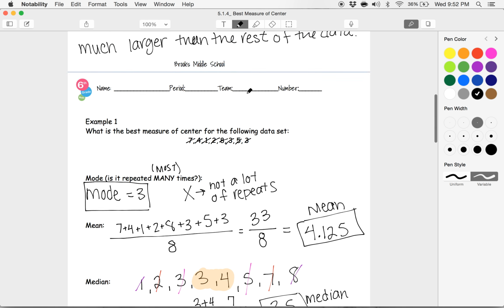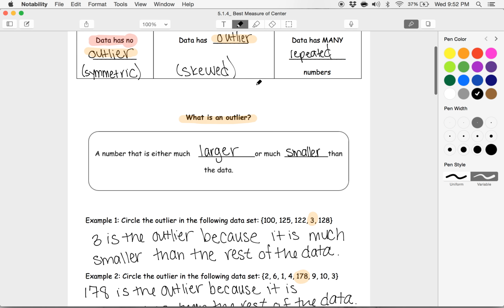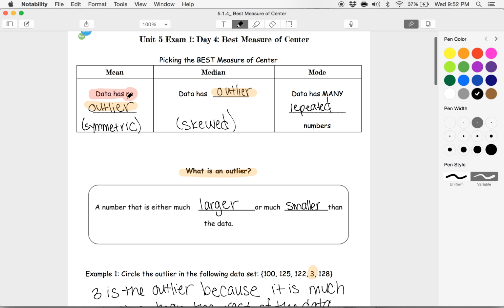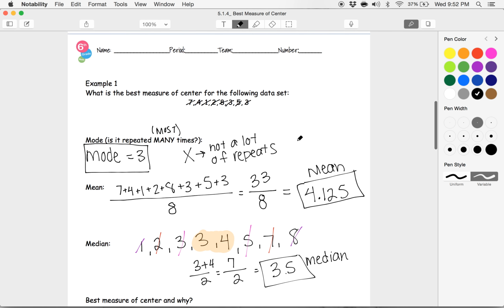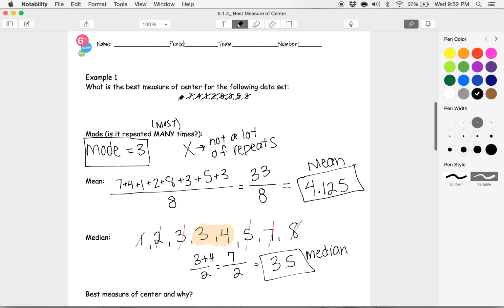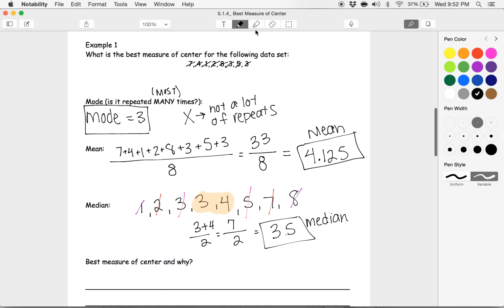Okay, what do I need for mean? It looks like mean has to have no outlier. Do I have any number that seems really, really big or really, really small? 7, 4, 1, 2, 8, 3, 5, 3. No, they actually seem really close. So I'm going to say it checks out. Okay, why? No outlier.